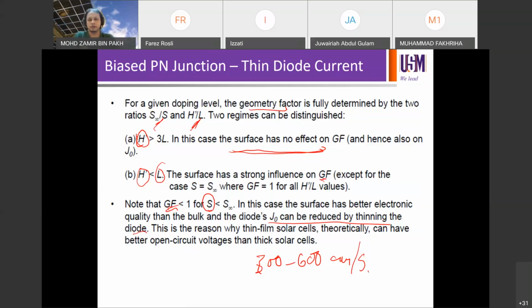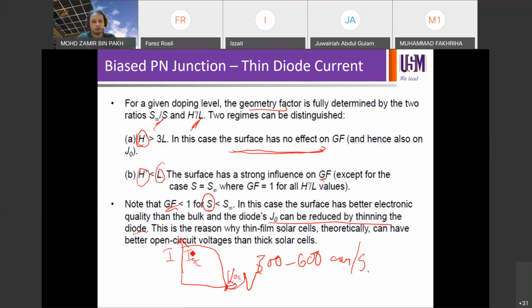If we talk about a solar cell, reducing J0 by thinning the diode means improving the open circuit voltage. We're going to learn later in solar cell operation that this is the IV curve of a solar cell. It looks something like this, just briefly. Here is the ISC, the short circuit current, and this intersection is the VOC, the open circuit voltage.